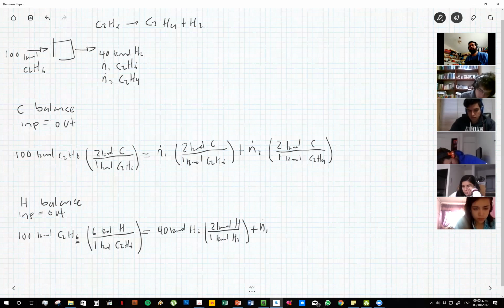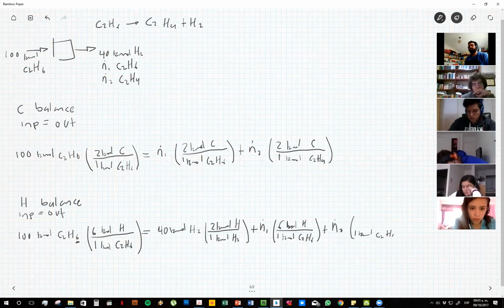And then we have to add the number of moles in C2H6, where for each kilomole of C2H6 we have 6 kilomoles of hydrogen, and in the C2H4, for each kilomole of C2H4, we have 4 kilomoles of hydrogen, right?